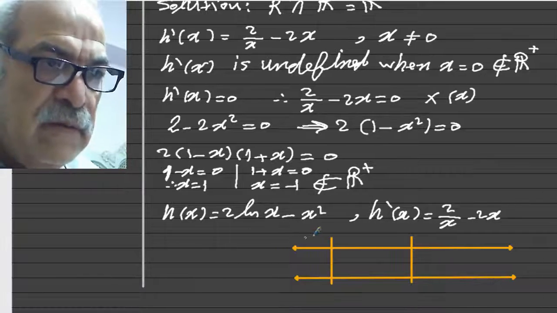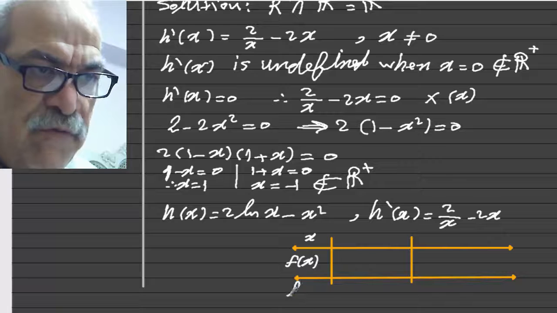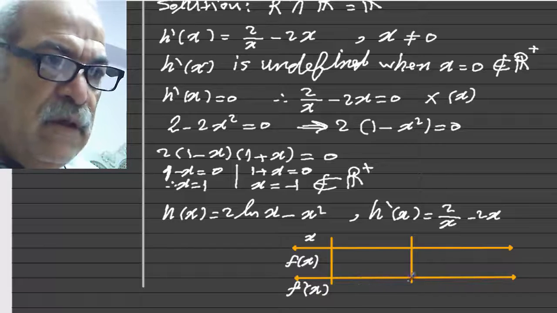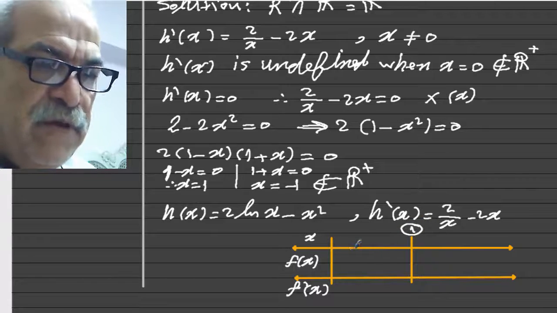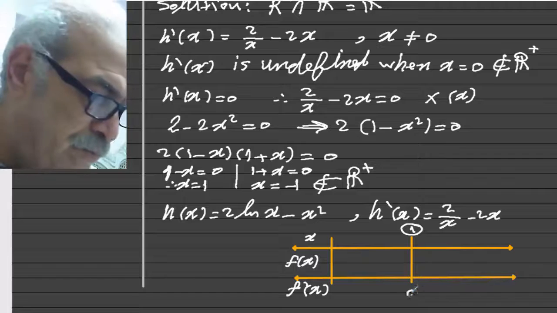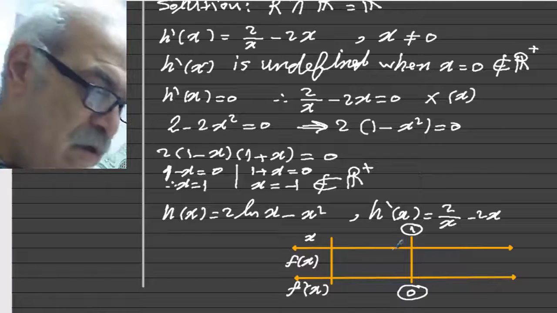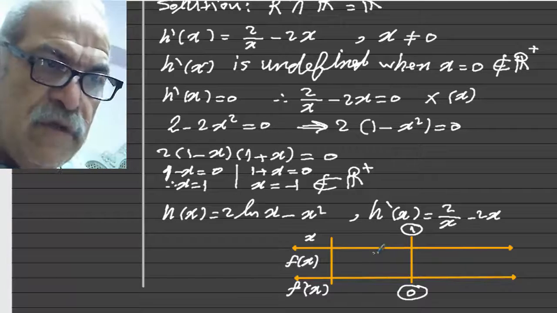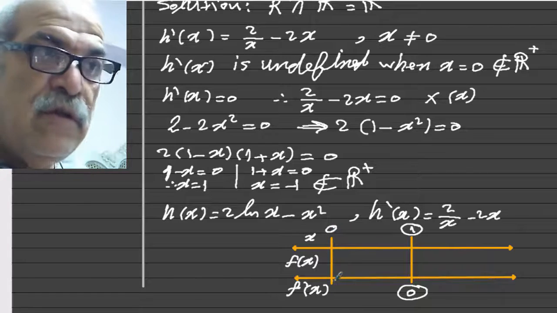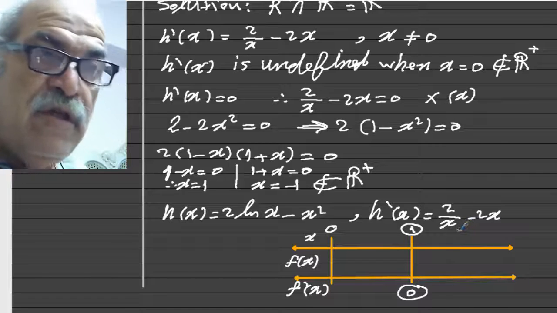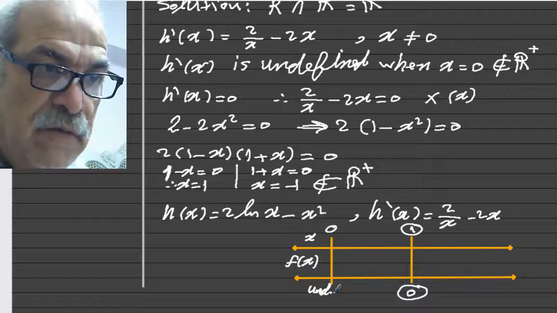We have x, f of x, f dash of x. We will check about x equals 1 here. F dash of x equals 0. Okay, and we'll check the sign on the domain of f of x. Of course, here we have 0. The function f dash is undefined here, does not exist.